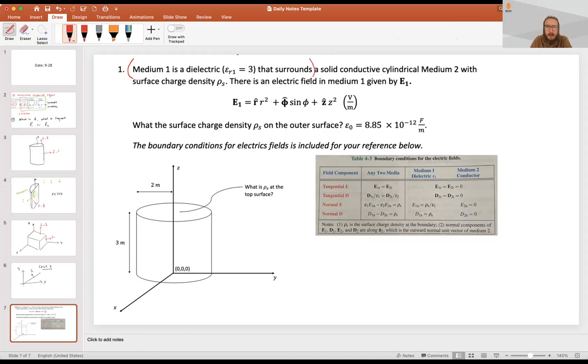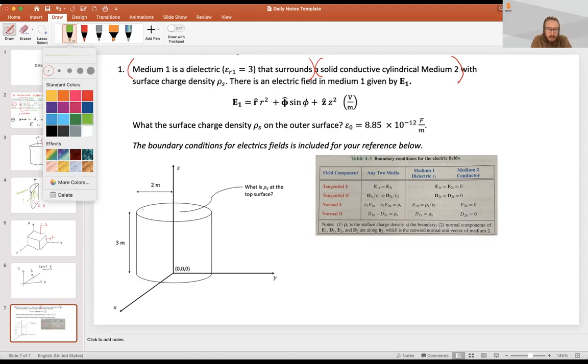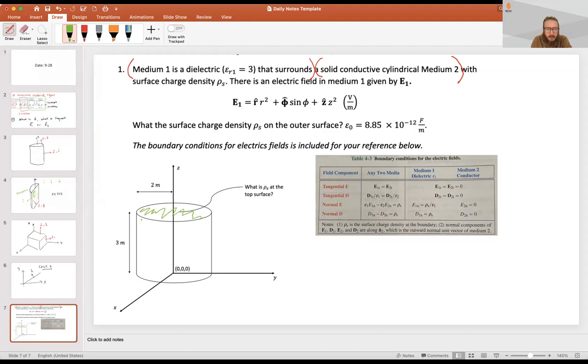So it surrounds something, and then medium 2 has a surface charge density. From reading this, we can see that medium 1 surrounds a solid conductive cylinder, and the solid conductive cylinder is drawn here in this diagram, and medium 1 is all surrounding it.